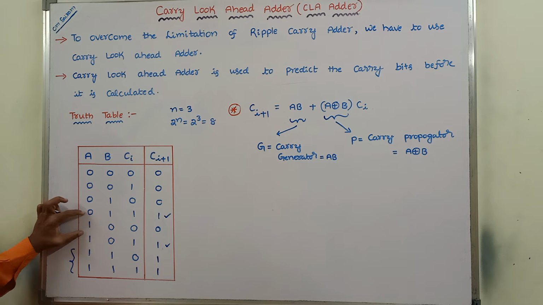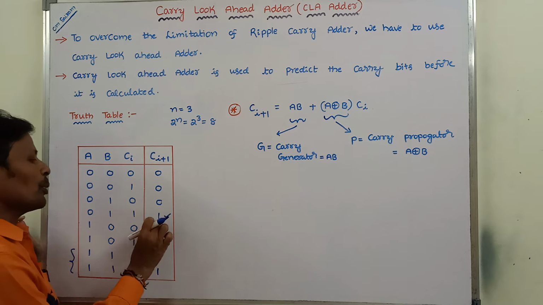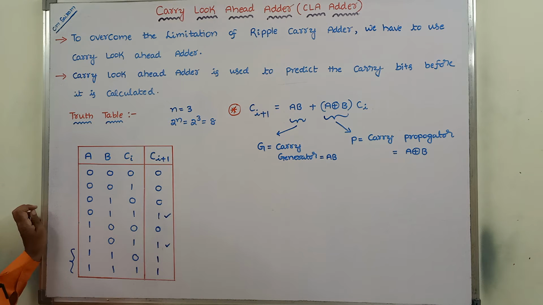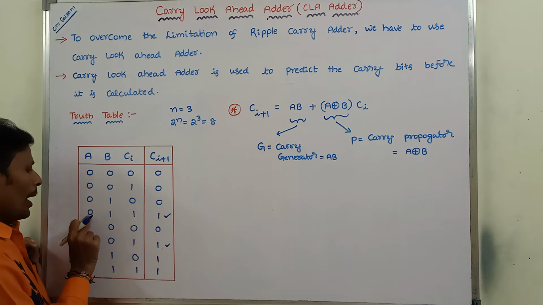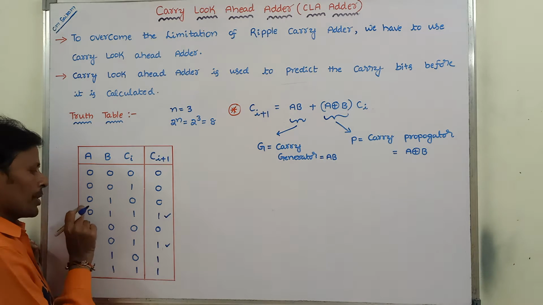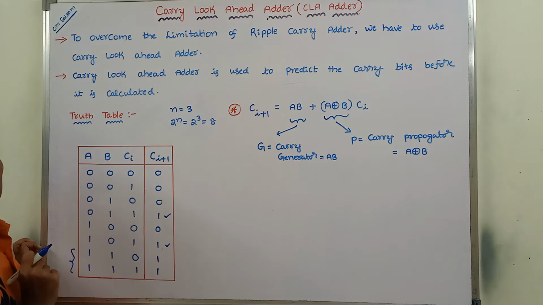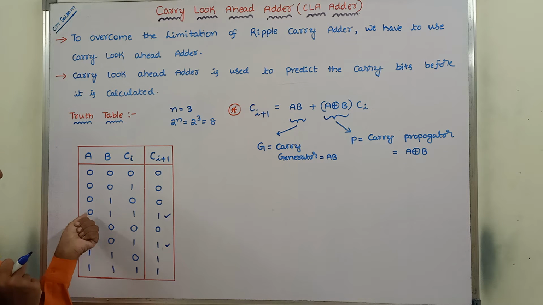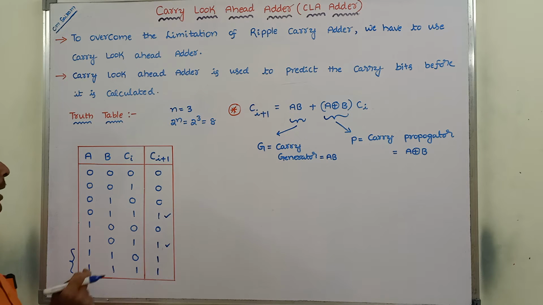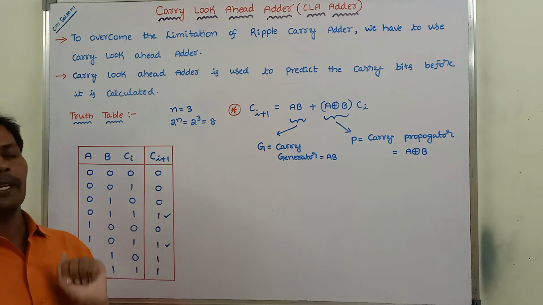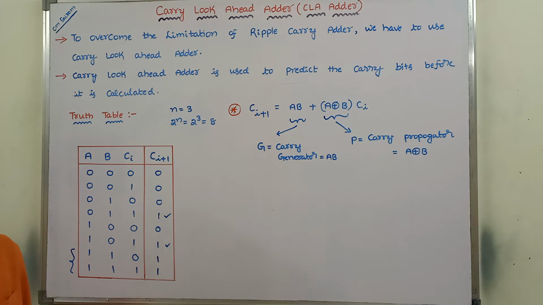In those 2 cases, the output carry C suffix I plus 1 is high when the exclusive OR operation between the 2 input bits A and B is equal to 1 and the C suffix I value is also 1, then C suffix I plus 1 value is high.